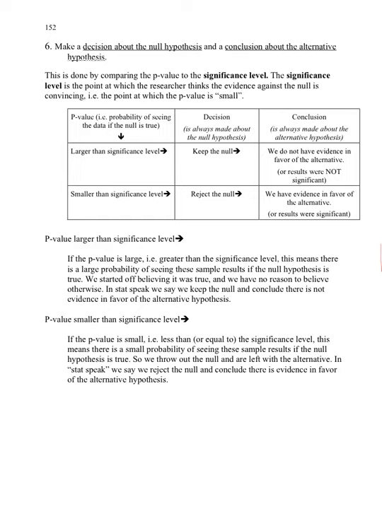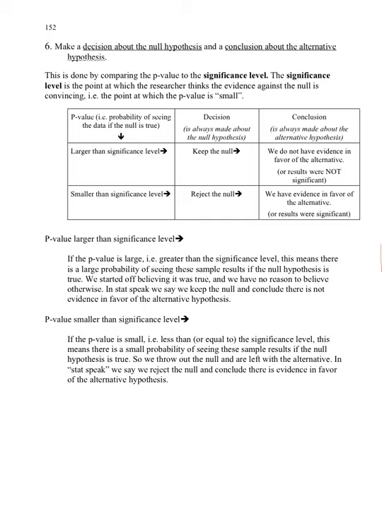When the p-value is larger than the significance level, that indicates that there's a large probability of seeing those sample results if the null hypothesis is true. So if we start off believing the null hypothesis is true, and there's a large probability of seeing those results if the null hypothesis is true, we have no reason to believe that it's not true.